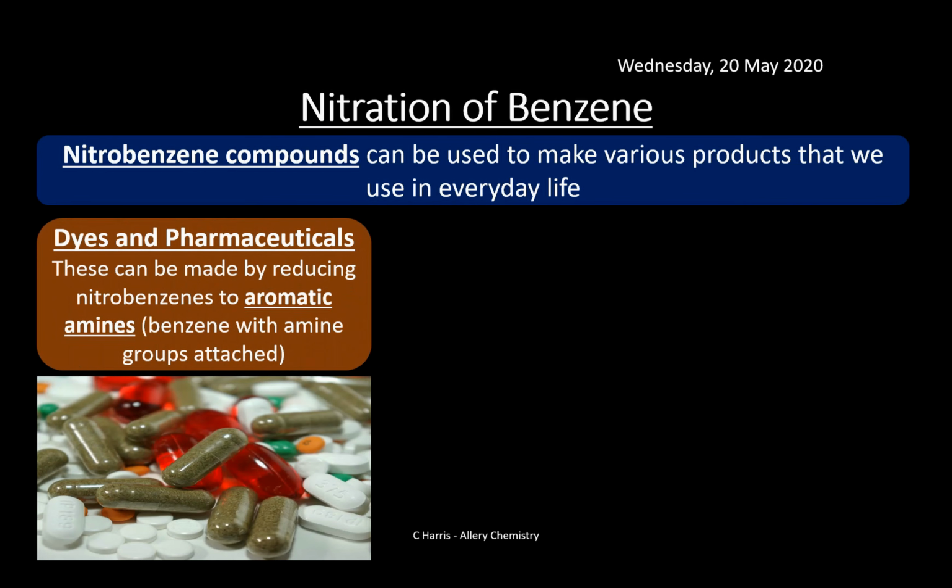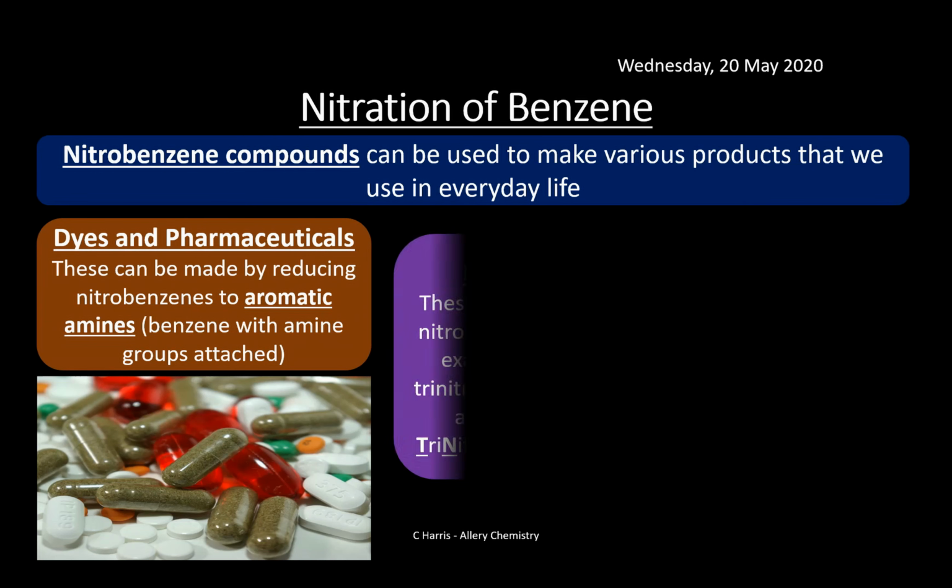And these can be made by reducing nitrobenzenes to aromatic amines, using a reducing agent such as sodium borohydride, giving the benzene with the amine groups attached. So that's your nitrobenzene, and that's used quite a lot in dyes in particular. So you form azo compounds. You don't need to know much about them at AQA. So you just need to know that they can be reduced to form your phenylamines, and then that's used to make dyes.